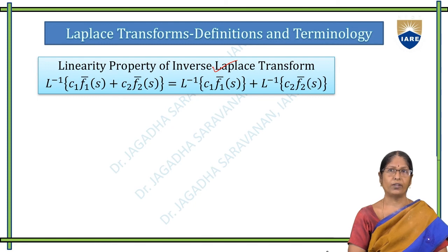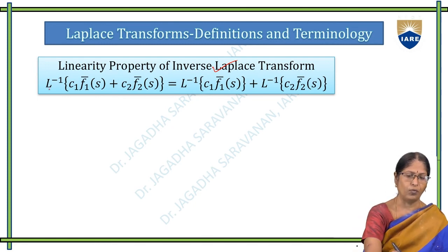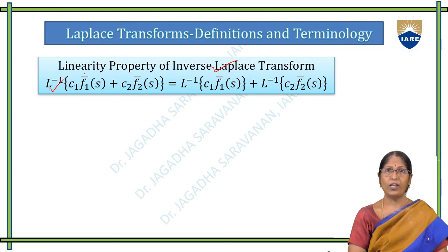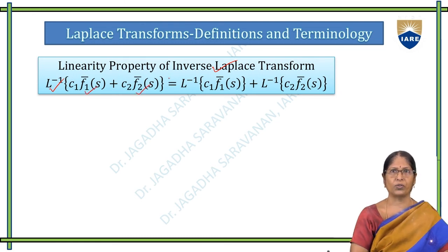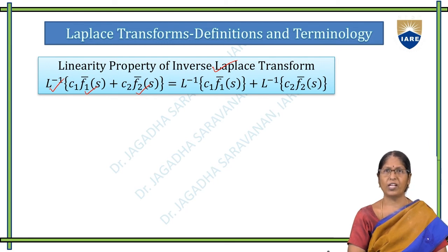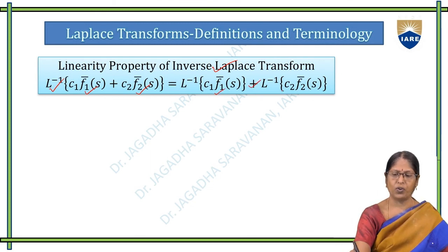Here, the inverse Laplace operator is L inverse. So L inverse of, here two functions are taken. But the linearity property, the basic concept, never changes. That is, it can be written as the sum of each function.